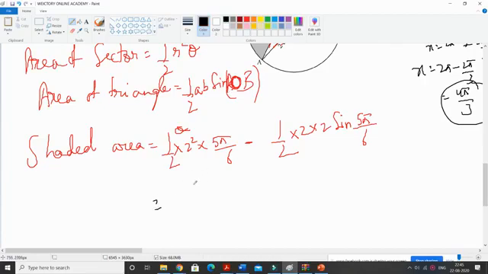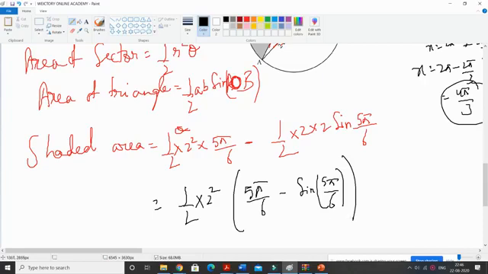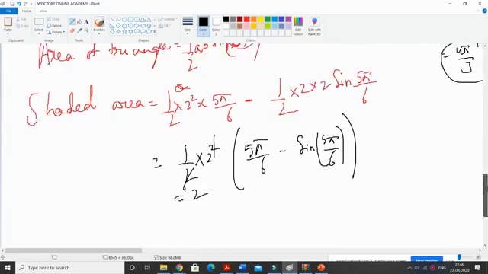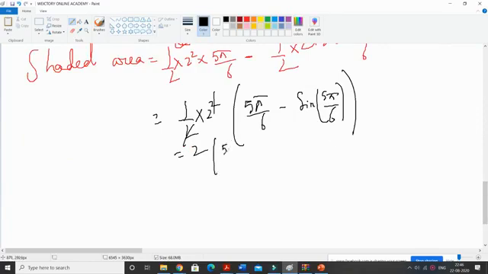So you can write as half into 2 square common, which is 5 pi by 6 minus sine 5 pi by 6. Okay, this gets cancelled, so you'll get 2 times 5 pi over 6 minus sine 5 pi over 6. Now sine 5 pi over 6 you can write as sine pi minus pi over 6.